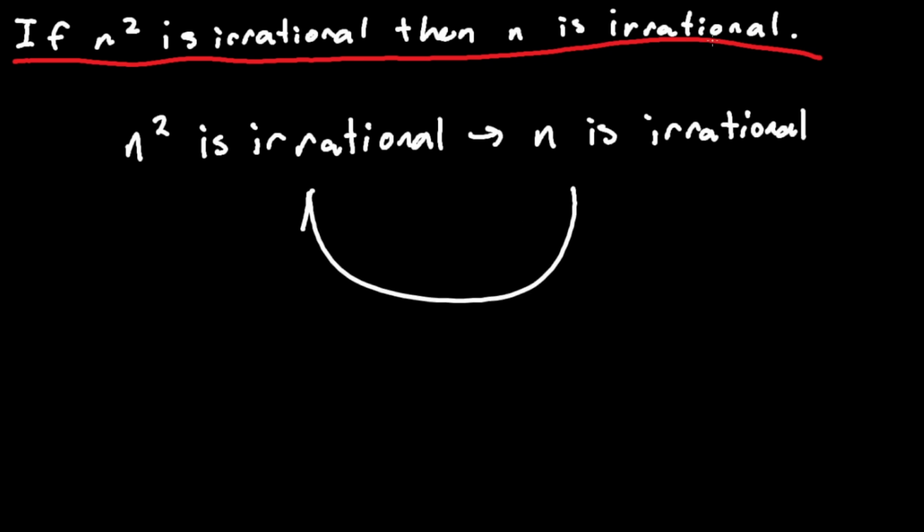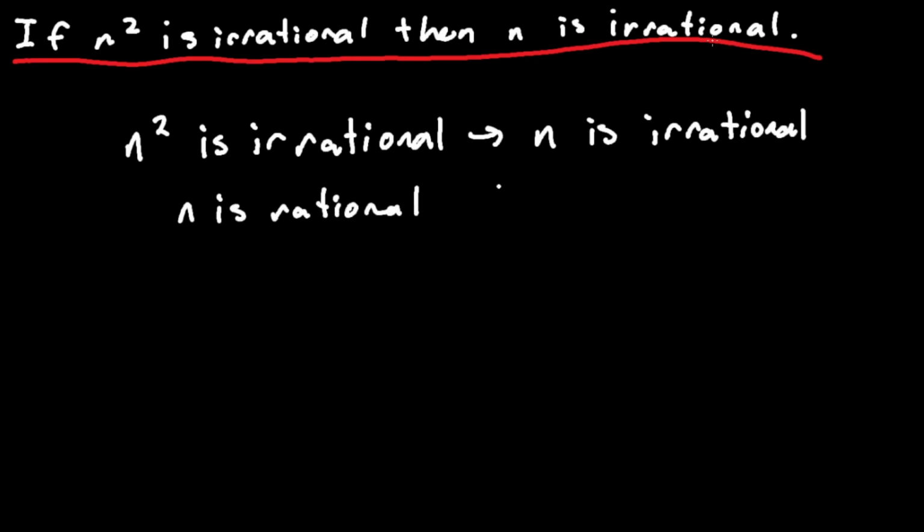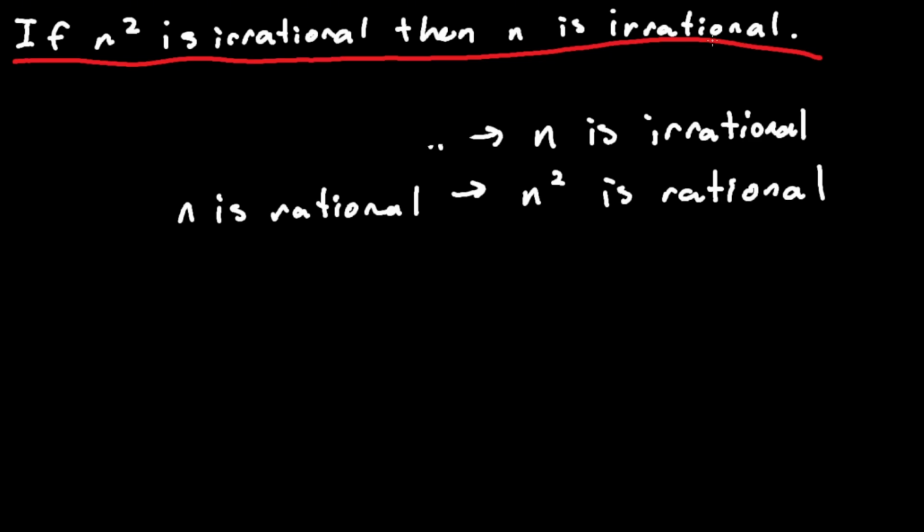Remember, we flip the condition and the conclusion, and we invert both of them. So the contrapositive is, if n is rational, then n squared is rational. Amazing. This one looks quite easy to do.